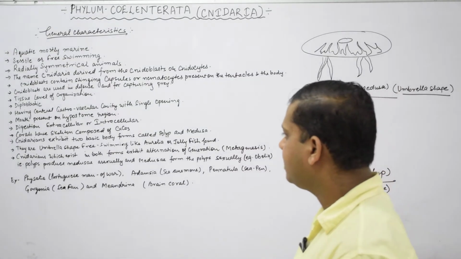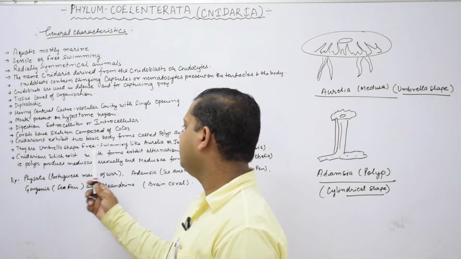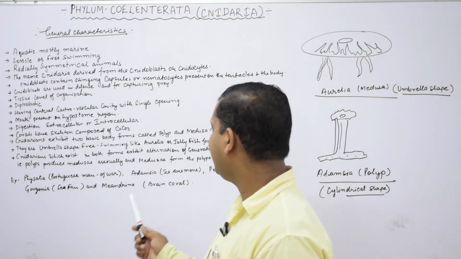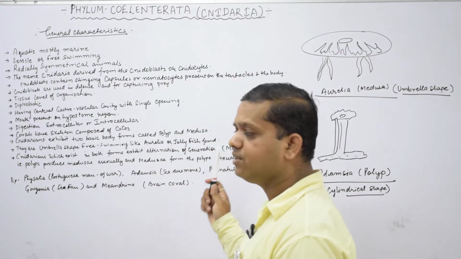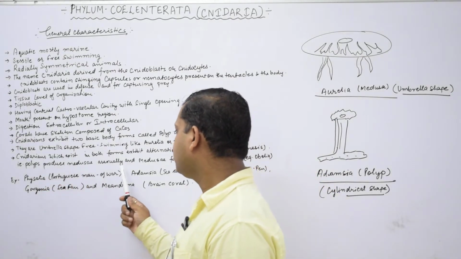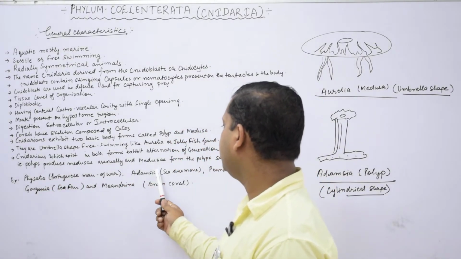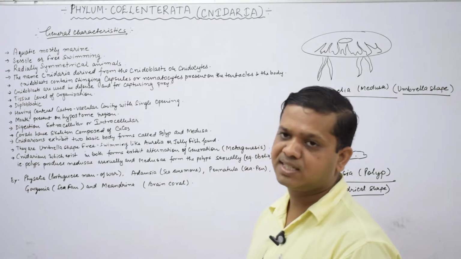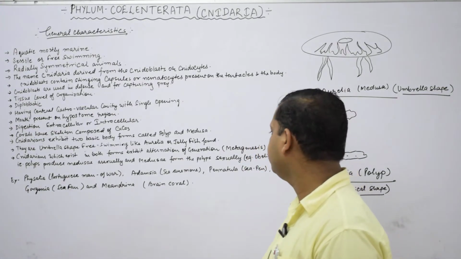This is a very important characteristic of cnidarians, which exist in both forms and exhibit alternation of generation, called metagenesis, right. So the polyp produces the medusa asexually and the medusa forms the polyp sexually, for example Obelia.